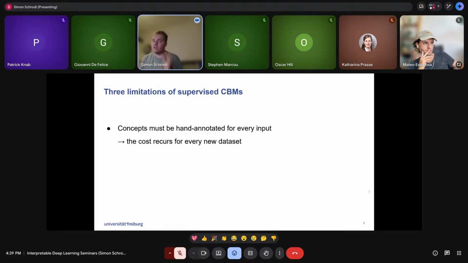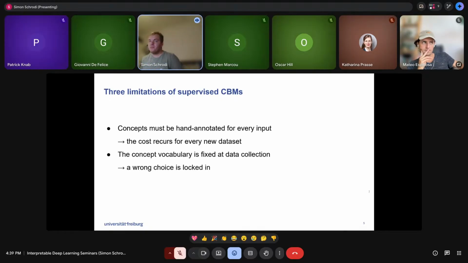And this cost might recur for every new dataset. Another problem is that at the beginning you already have to fix the concept vocabulary that you want to use. You want to come up with a sufficient set of concepts which later lets you get a good performing model.